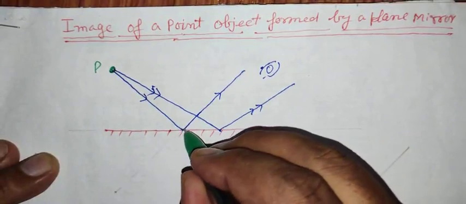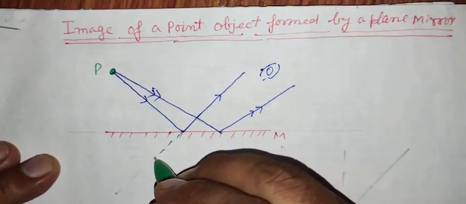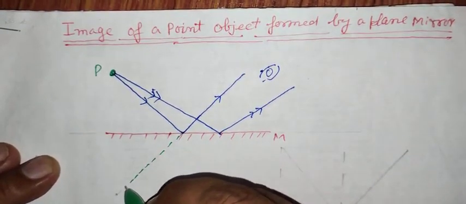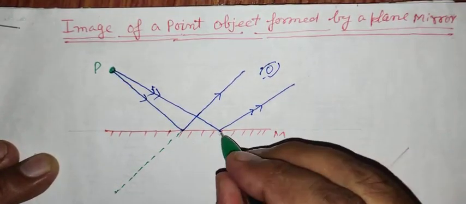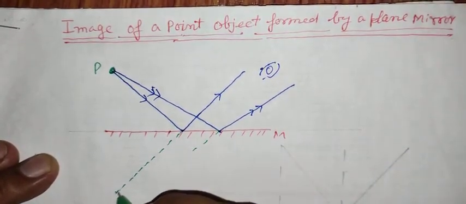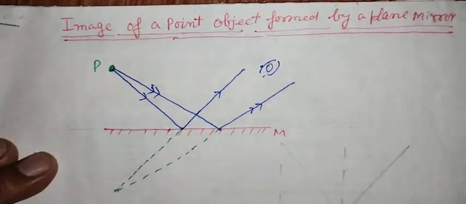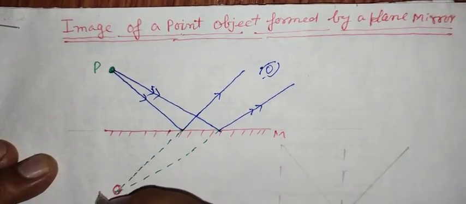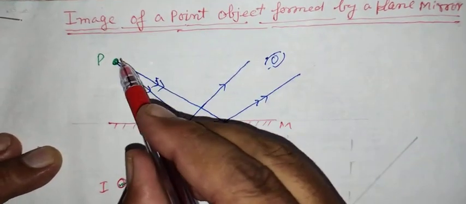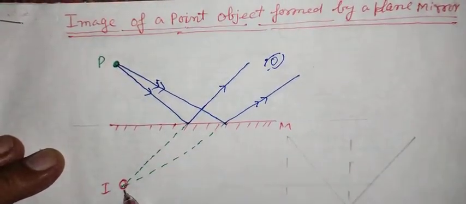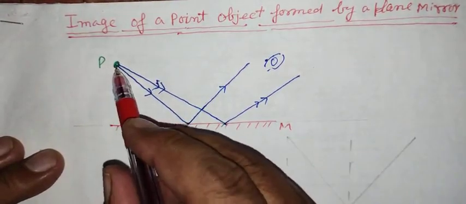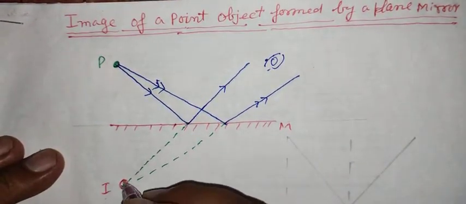When we proceed the reflected light back, we see that this ray of light seems to come from point I. So image I is obtained of object P here.